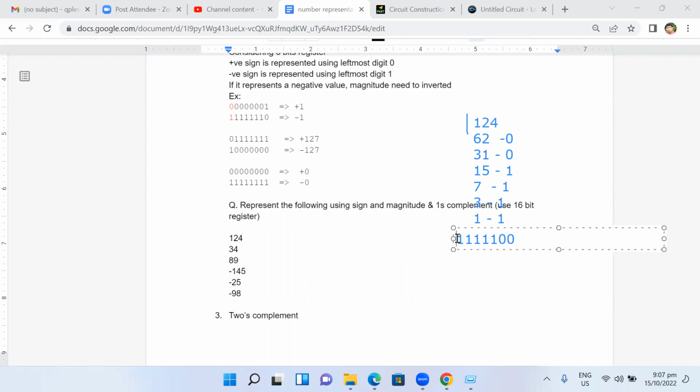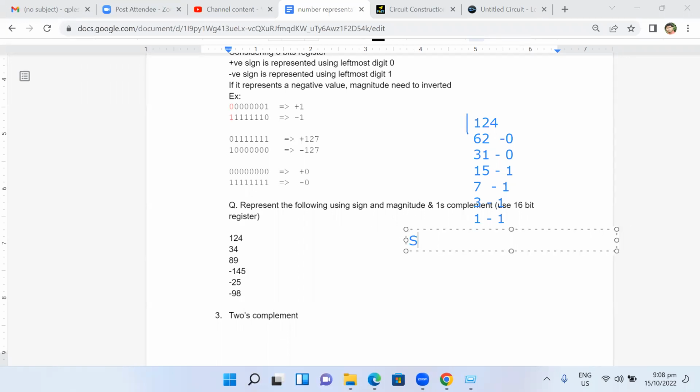Then you have to use 16 bits now. How many bits here? 1 2 3 4 5 6 7 8 9 10 11 12 13 14 15 16. That is plus 124, and this is the value in sign and magnitude. The same value is also the one's complement value.